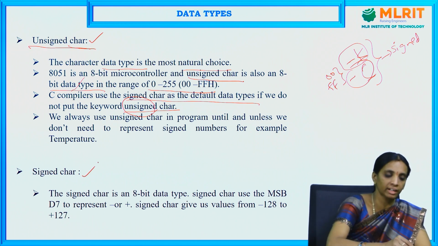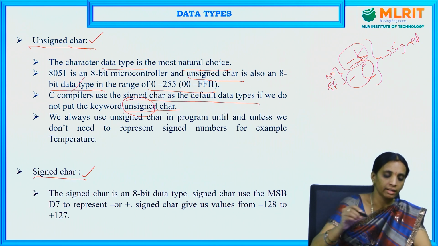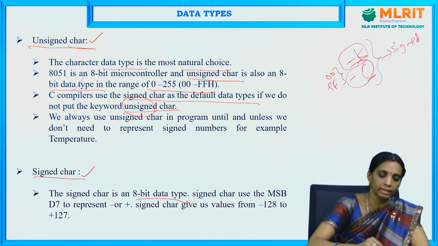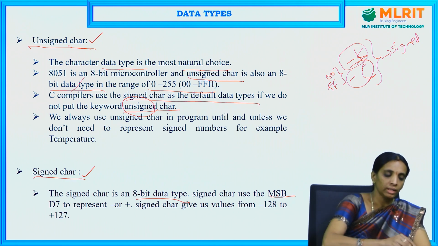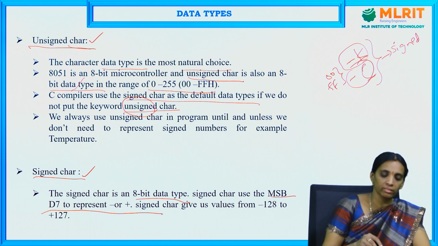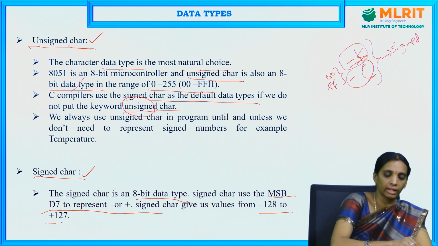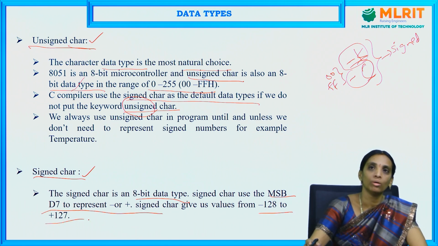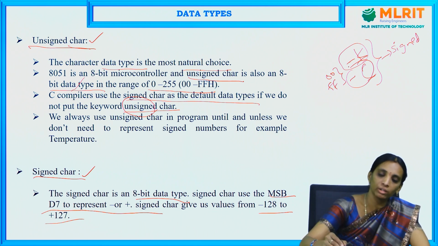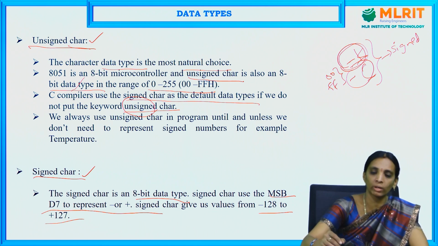Next one is signed char. Signed char is also an 8-bit data type and it uses the MSB to represent minus or plus. So it gives values from minus 128 to plus 127. If we use negative values in the representation, then we denote that as signed char.